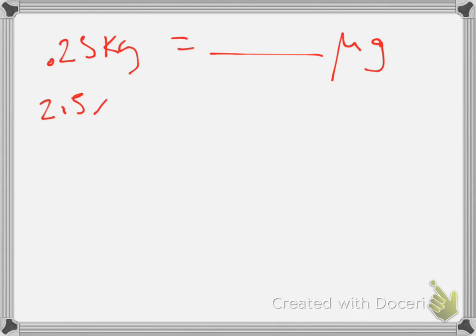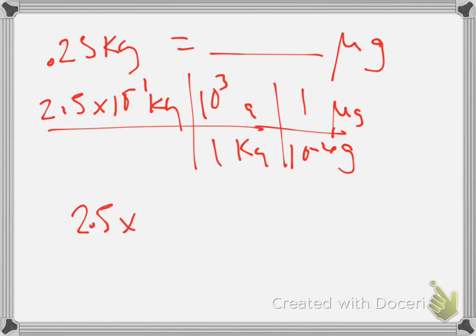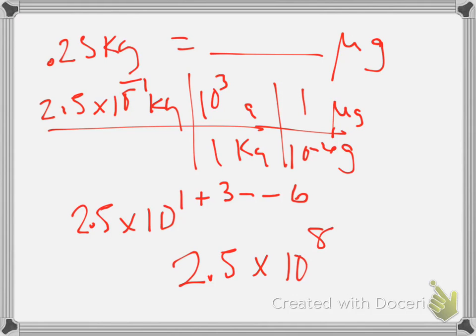So 2.5 times 10 to the negative first kilograms, kilograms, grams, grams, micrograms, 10 to the third, 10 to the negative sixth. 2.5 times 10 to the 1 plus 3 minus negative 6. We get 2.5 times 10 to the 8th micrograms. Okay, so good job, guys.